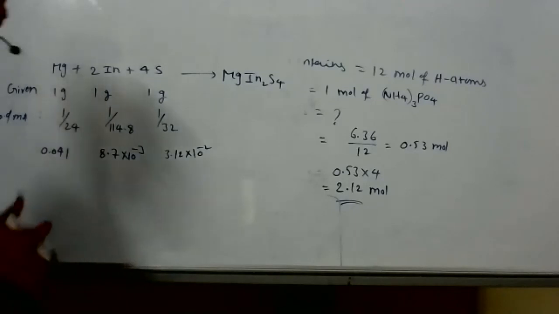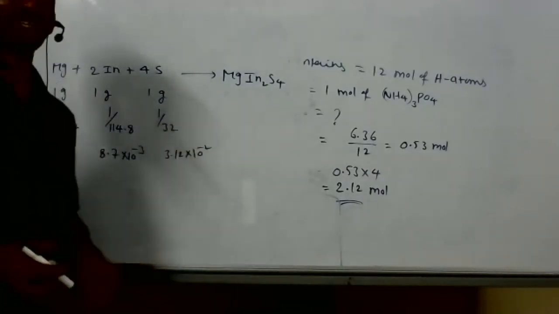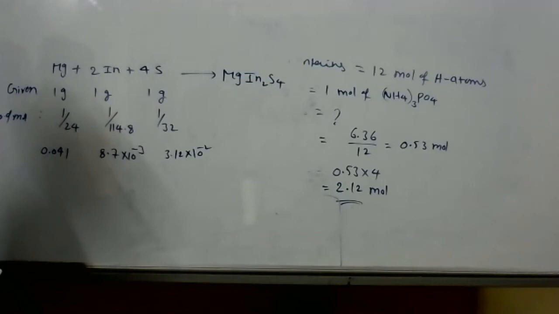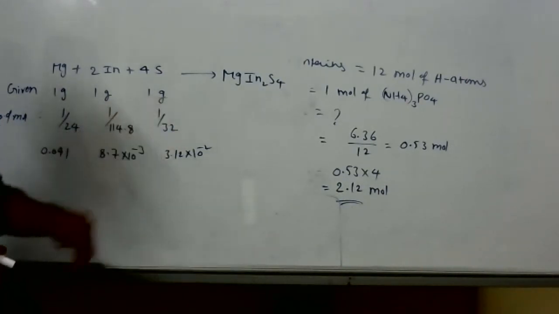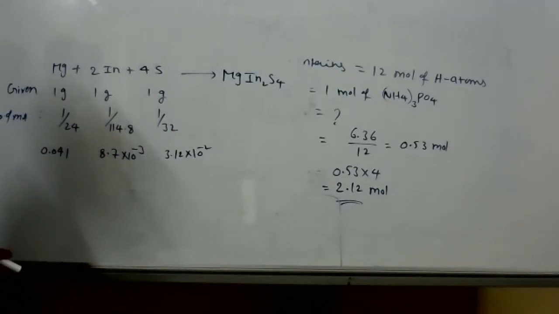No, how can you calculate how much mass of this is obtained? Sir, because they gave the mass of magnesium, indium, and sulfur, 1 gram each. So we can say Mg required is 24 grams, indium required is 229.6, and sulfur is 128. Then that would be easier because we are doing more calculations here.